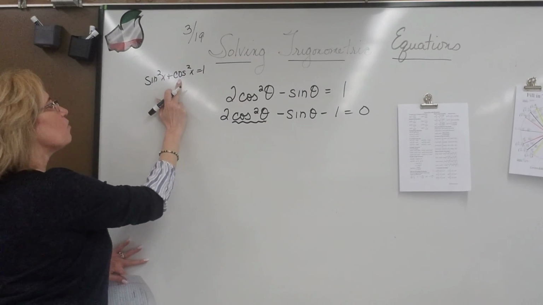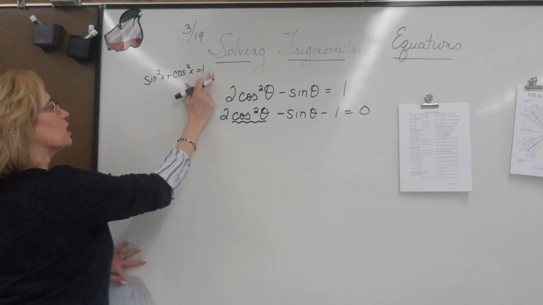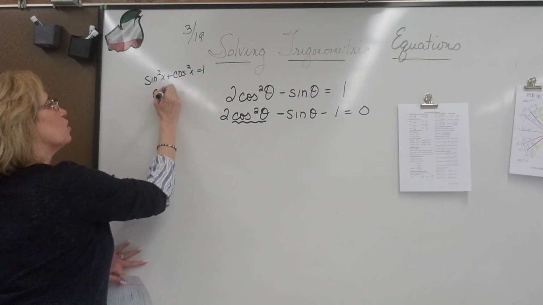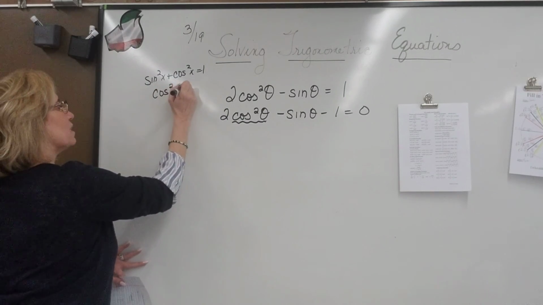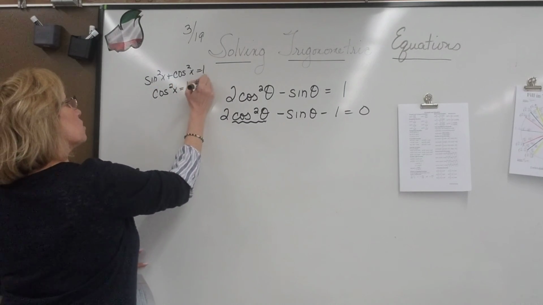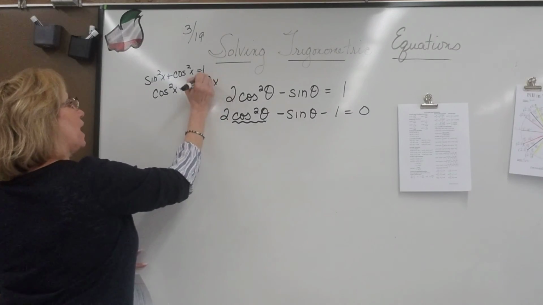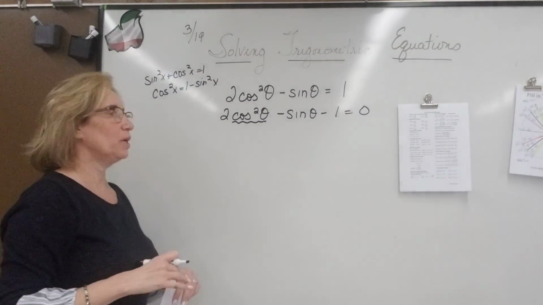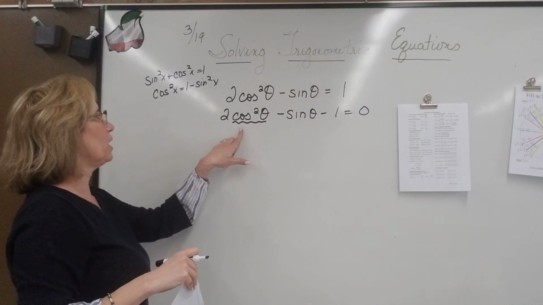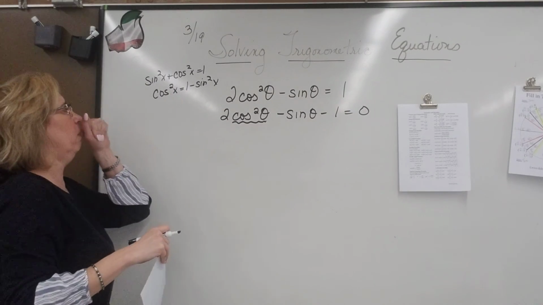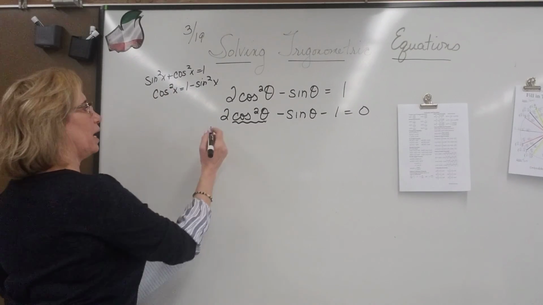And I can solve for cosine squared x by bringing sine to the other side. So cosine squared x is equal to 1 minus sine squared x. So what I can do is I could replace cosine squared x with 1 minus sine squared x.